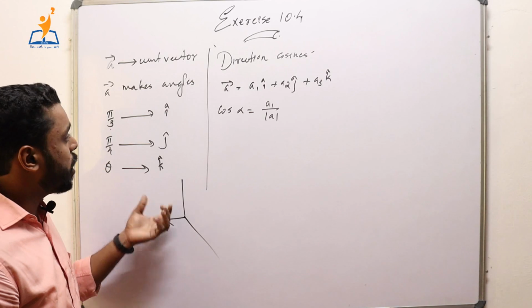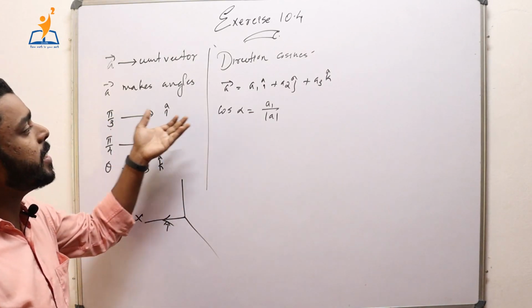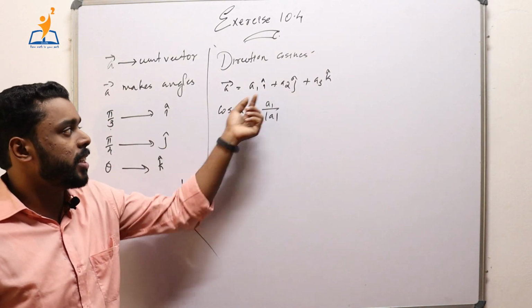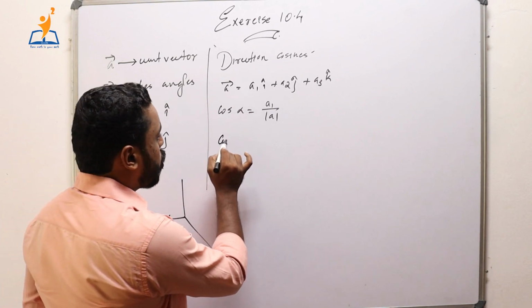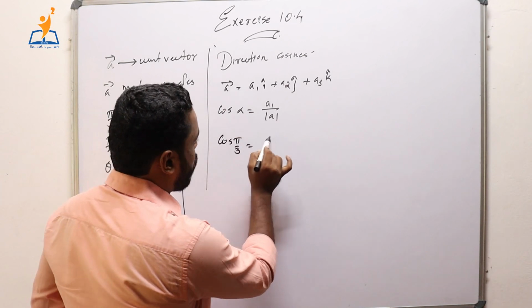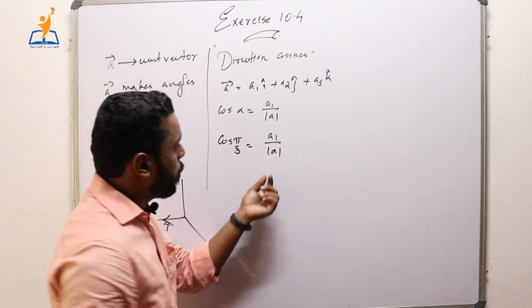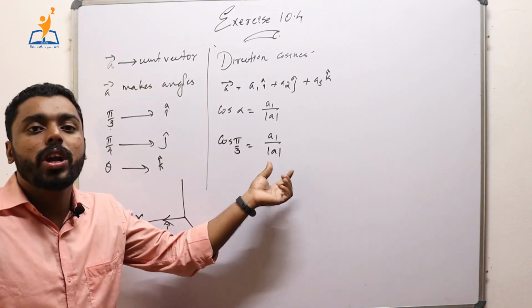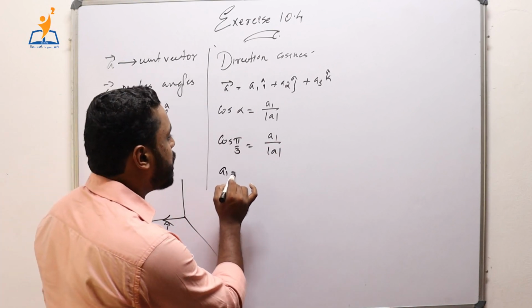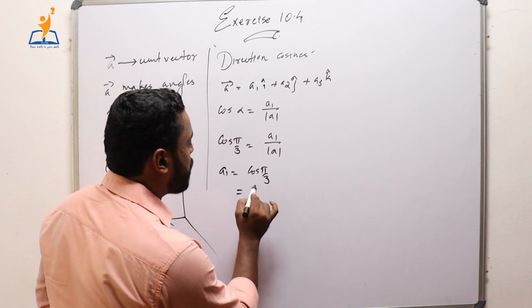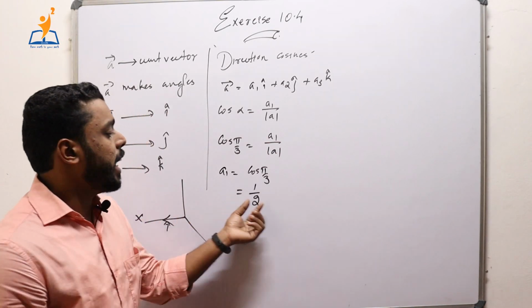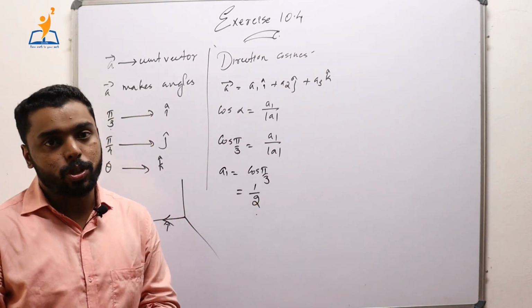So definitely this pi by 3 will be the angle our vector makes with the x-axis, right? So we have cos pi by 3 is equal to a1 by mod a. Now A is a unit vector, so definitely mod a will be 1. Therefore a1 is equal to cos pi by 3. നിങ്ങൾക്കറിയാം cos pi by 3 യുടെ വാല്യൂ, it is nothing but 1 by 2. So a1 is equal to 1 by 2.